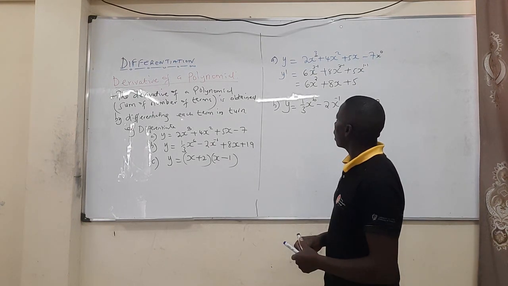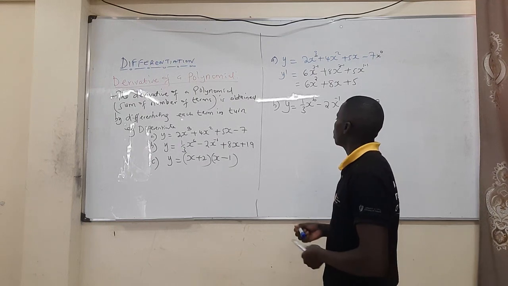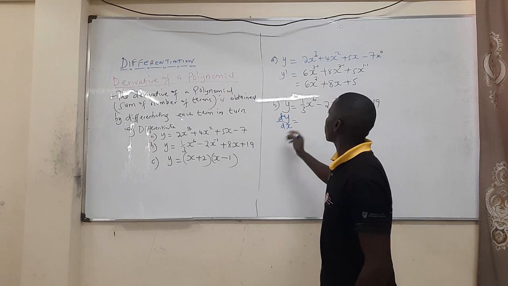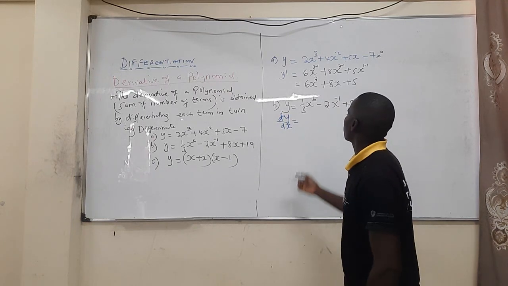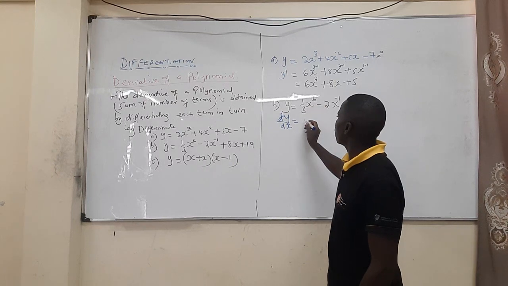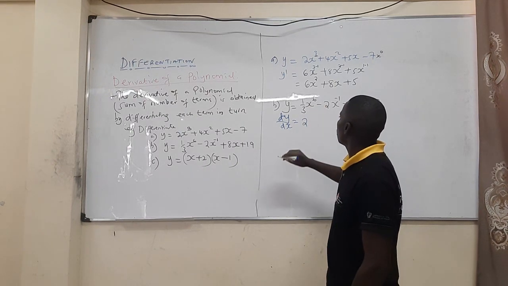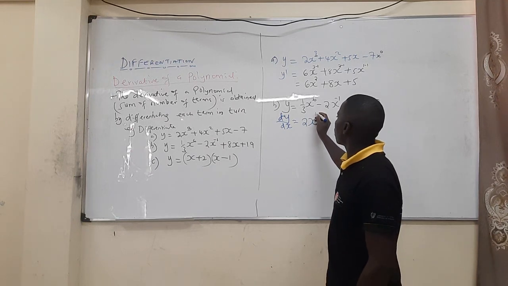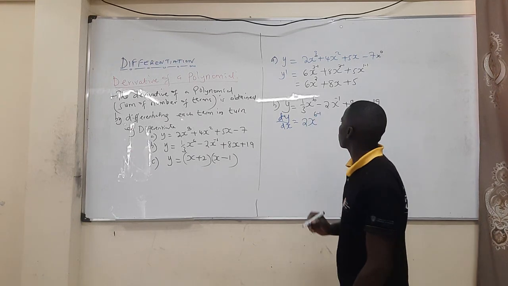So to get the derivative of this function, dy over dx, or the y prime, you're going to drop the power here. You get 6 times that, you get 2. Then have x power 6, then you subtract 1.